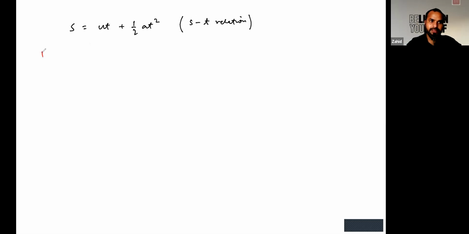The first step is, let velocity be equals to dx over dt. We have to rearrange this to find dx. This denominator moves to the left side, so it becomes dx is equals to v times dt. Is it clear?